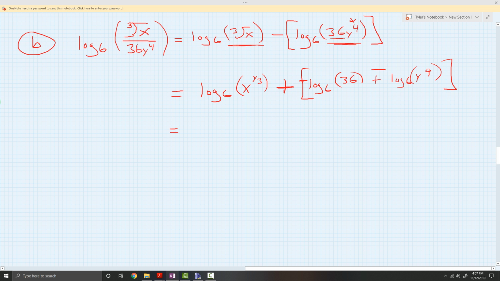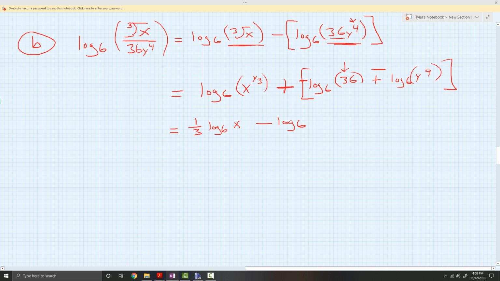So for this first one, I can pull out the 1/3. So this would become 1/3 log base 6 of x. And then we would have minus log base 6.